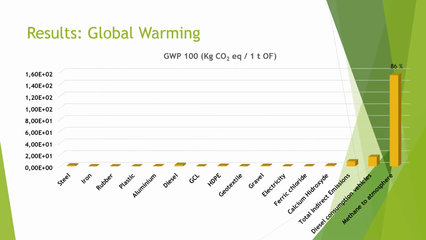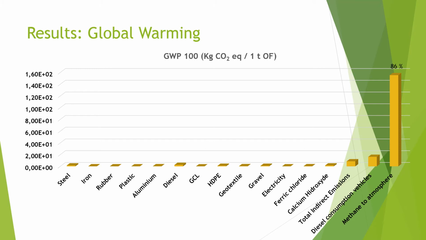Now we can start to see the results. About global warming potential, the main contribution of greenhouse gases emissions is provided by the methane directly released to atmosphere. That is the 86% of total emissions, followed by diesel consumption in vehicles.